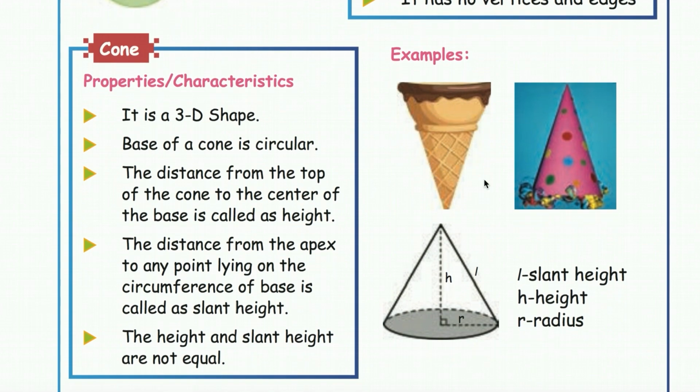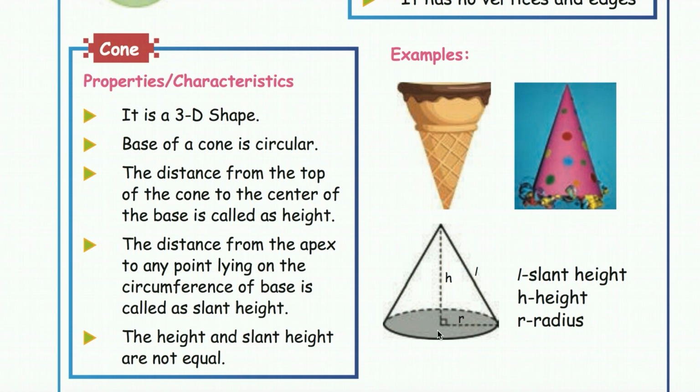See, these are the conical structures. This is radius. Bottom is circular, this is radius, this one is height, and this is slant height. This is a 3D shape. Base of a cone is circular. The distance from the top of the cone to the center of the base is called height.